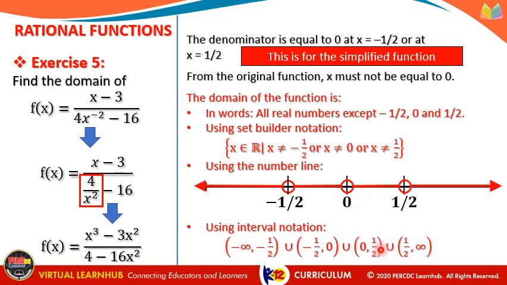Next, from 0 to 1/2, parenthesis din. And lastly, from 1/2 up to positive infinity, parenthesis. For negative infinity and positive infinity, let's use parenthesis. We are combining intervals, let us use union. And ito na yan. This is now the domain of this function.